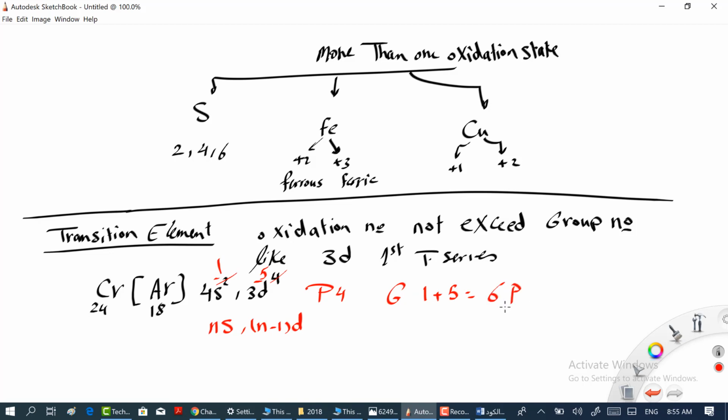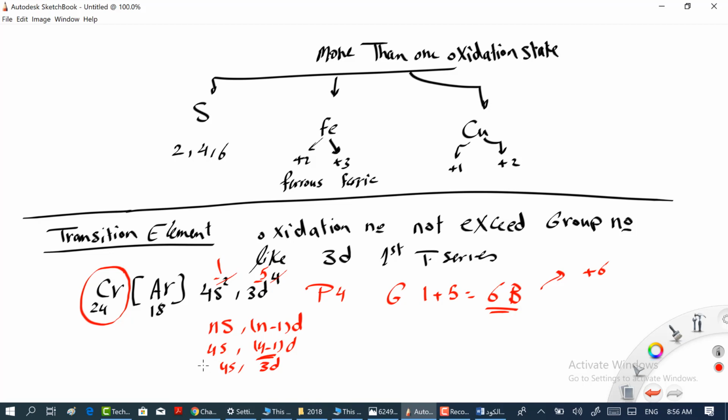So it will be in group 6B. So the highest oxidation state for chromium in its compounds will not exceed positive 6. n represents the quantum number, so n equals 4, then 4s and 3d, since 4 minus 1 is 3.